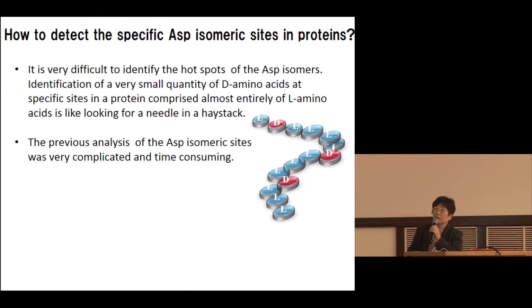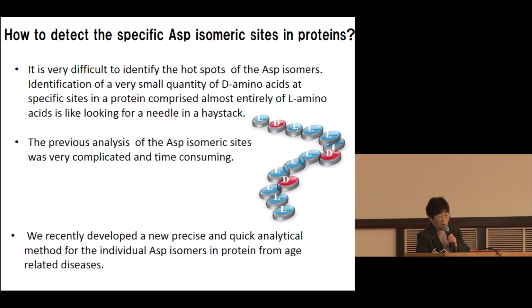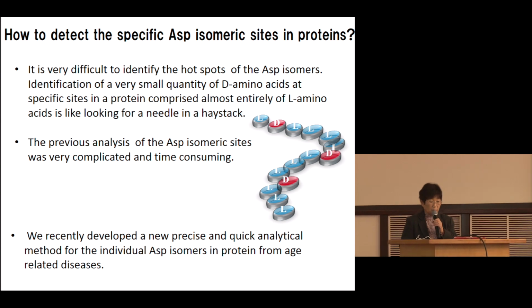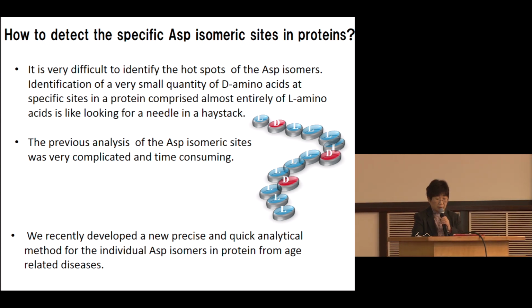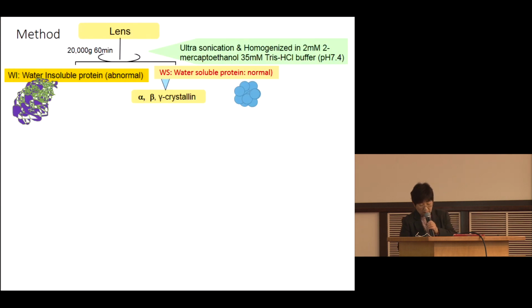The previous analysis of isomeric sites was very complicated and time-consuming. Now we recently developed a new, precise, and quick analytical method for the individual isomers in a protein from age-related diseases. Here is an example of lens.